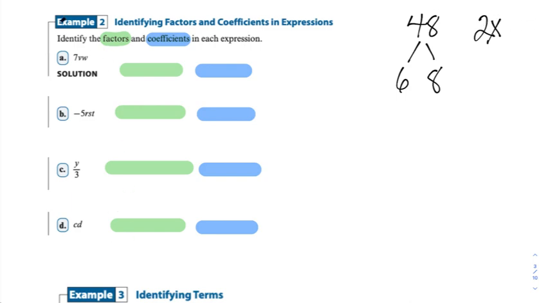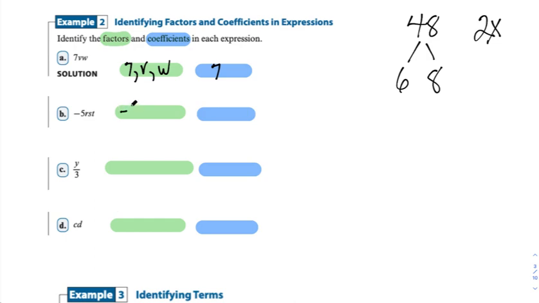Let's go ahead and list the factors and coefficients of each of these expressions. So here the factors are 7, v, and w, because each of them are being multiplied together to give us this 7vw. Over here, the coefficient is the real number that is multiplying whatever variables we have, and so that's going to be 7.